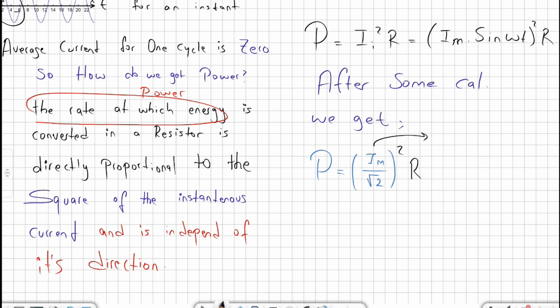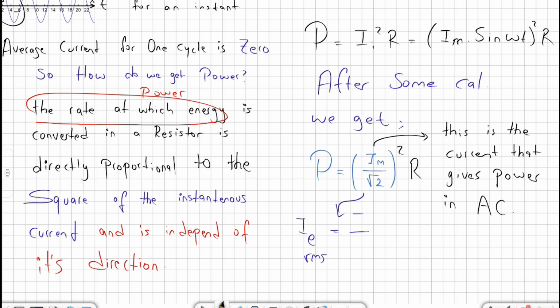This I max over square root of 2 is the current that is really giving us power in AC. So this part is the current that gives us power. And we will call this current the effective current or RMS current. RMS stands for root mean square. So I RMS or I effective will be equal to I max divided by square root of 2.